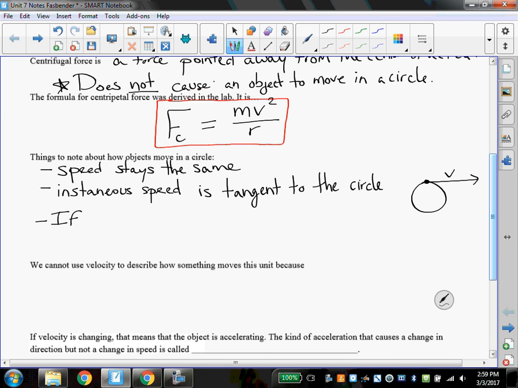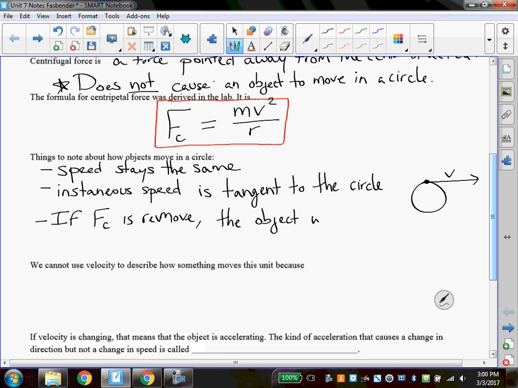Now, if our centripetal force is removed, so maybe we were swinging something on the end of a string, all of a sudden that string breaks, that means that our centripetal force is removed. The object will fly away on a path that is tangent to the circle.